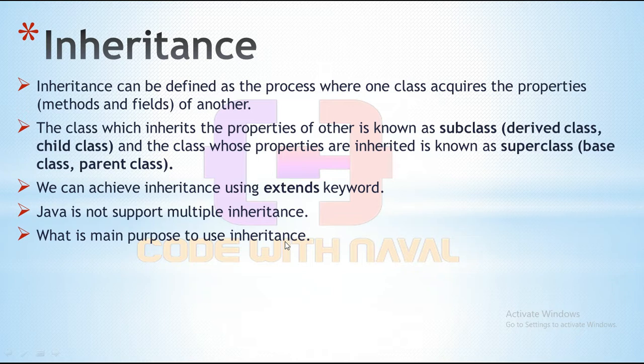We don't need to redefine those features again and again. That means code reusability happens when we use inheritance, and duplication of code is removed. The code simplicity also improves using inheritance.